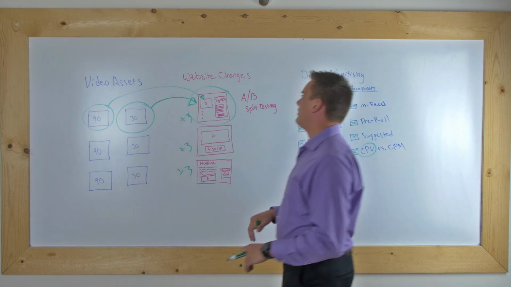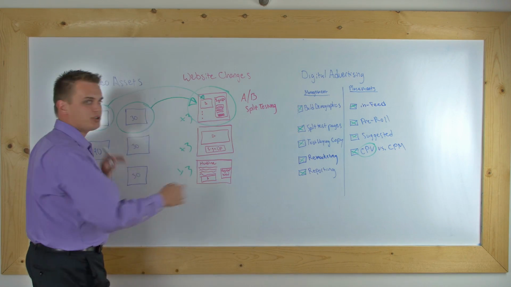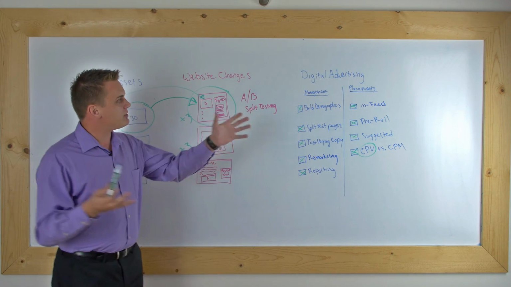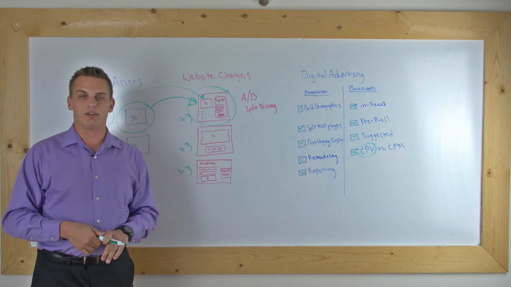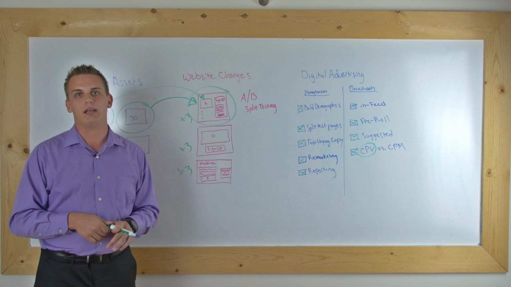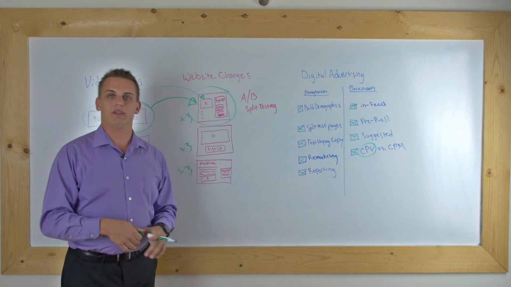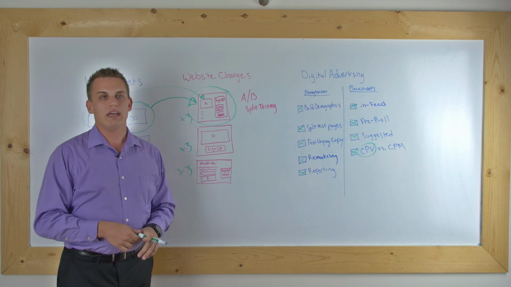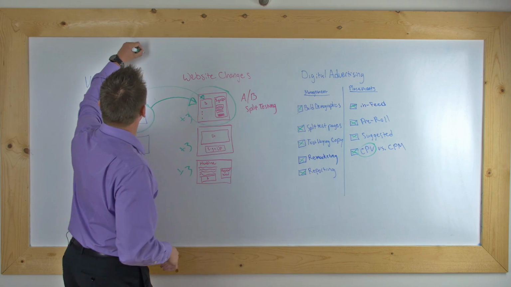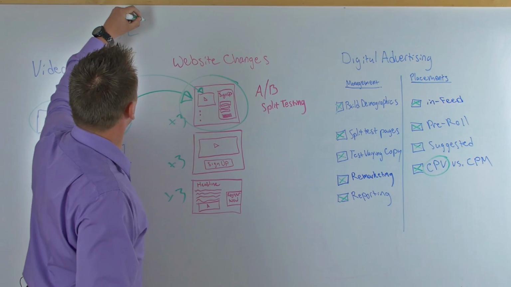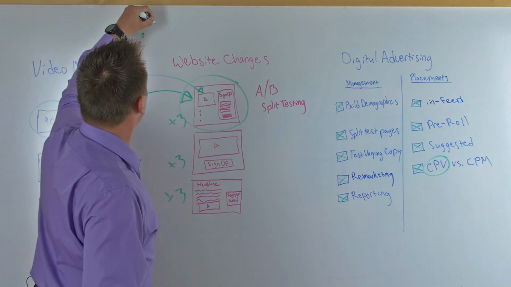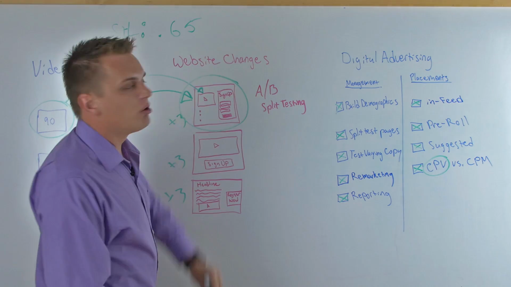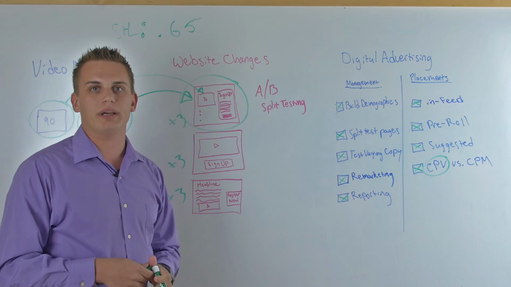Now, we've kind of covered quite a bit here in relation to video assets, making changes to your website, managing the ads through digital advertising. There's a lot of moving parts here, like we said. Now, the opportunity that we're trying to get the word out about here in mid-Missouri is that when we look at St. Louis and dealing with our clients in St. Louis, we're paying about 65 cents per view in the St. Louis market.